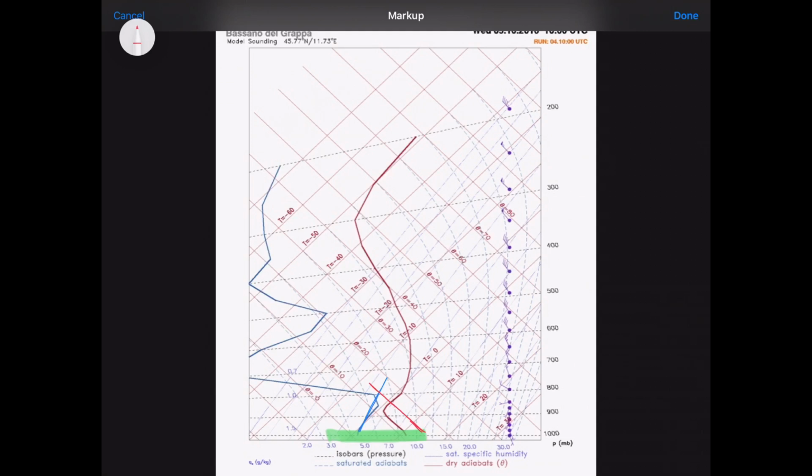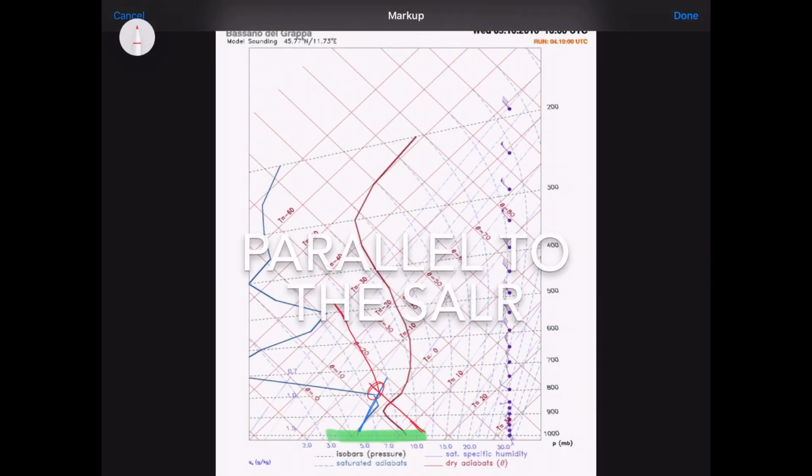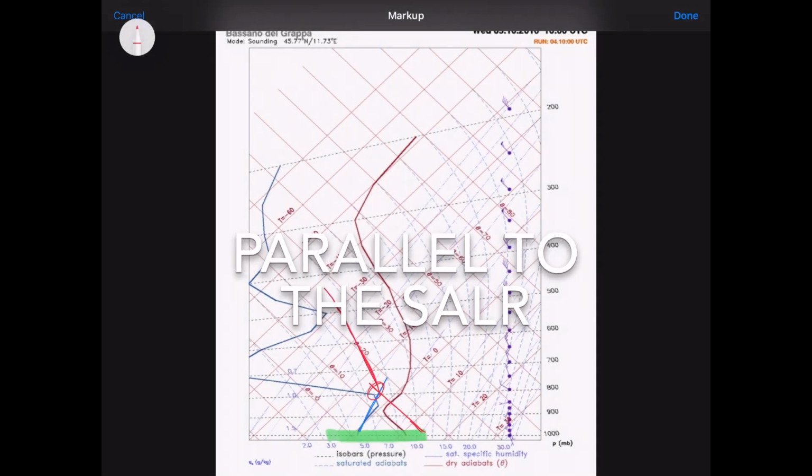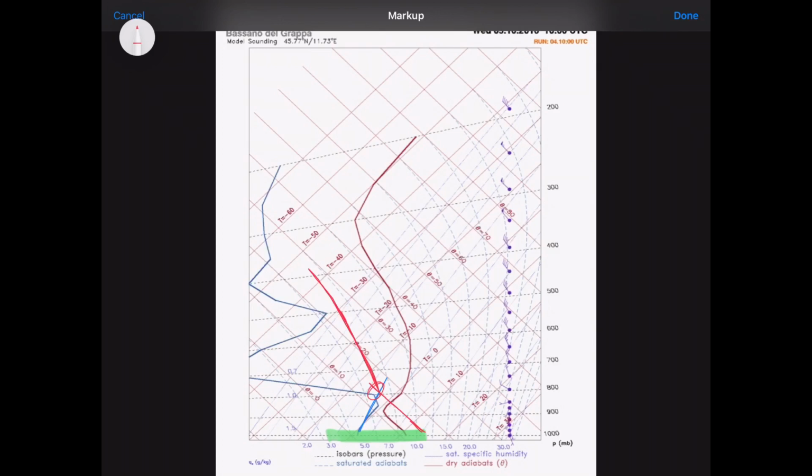Now, normally, when they converge, at this point here, we go off on the saturated adiabatic lapse rate, don't we? Up here. However, when these lines converge on the left hand side of the ELR, the environmental lapse rate, expect blue conditions.